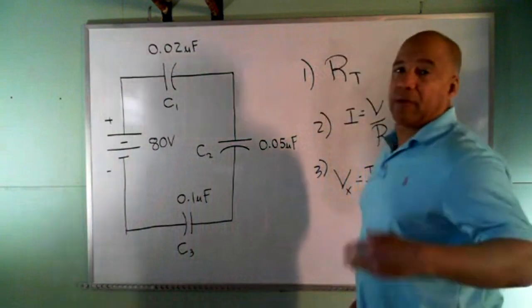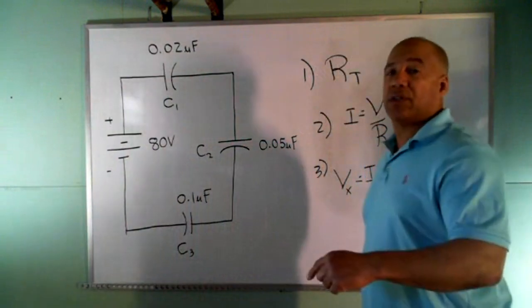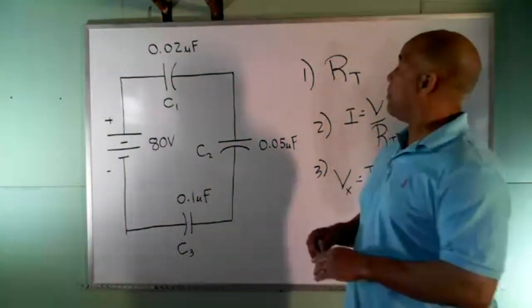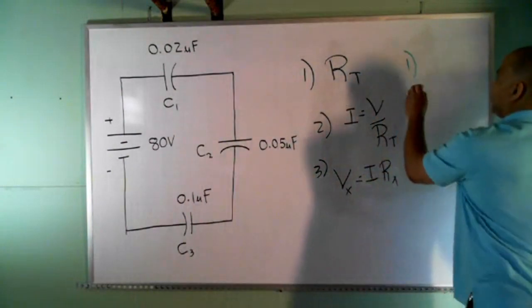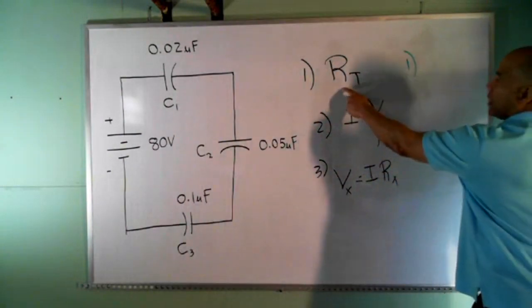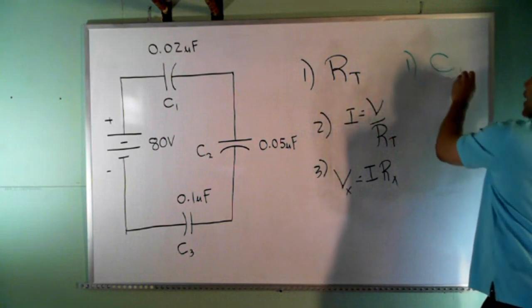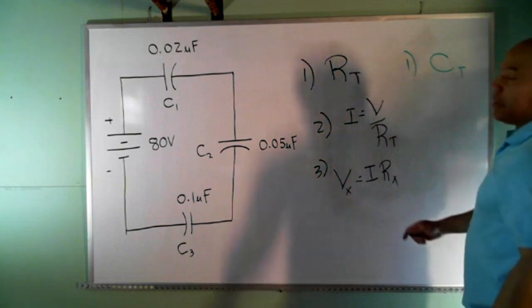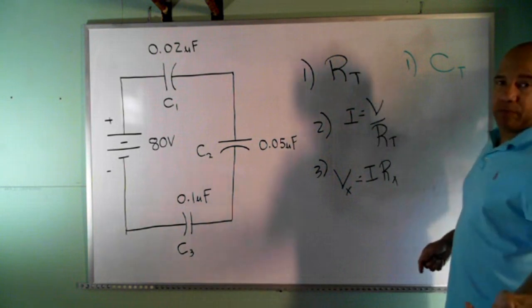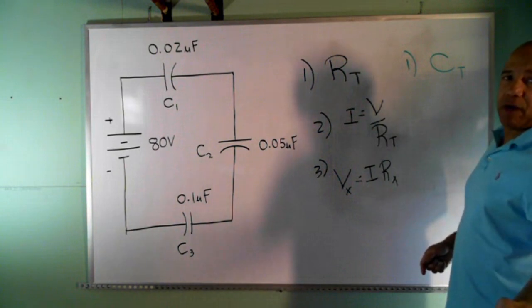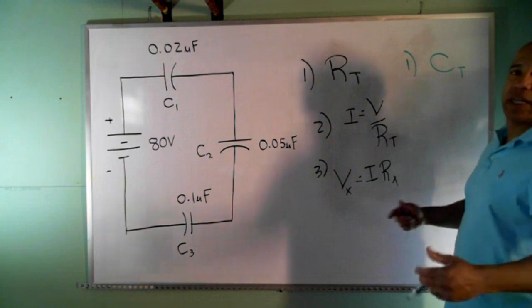Well, with capacitors, you do exactly the same thing. But just remember, we talk about current for resistors, we talk about charge for capacitors. So in capacitor circuits, here I would find the total resistance. Here I want to find the total capacitance. And then we want to find the total current if I have resistors. Remember, we don't think about current for capacitors, we think about charge.